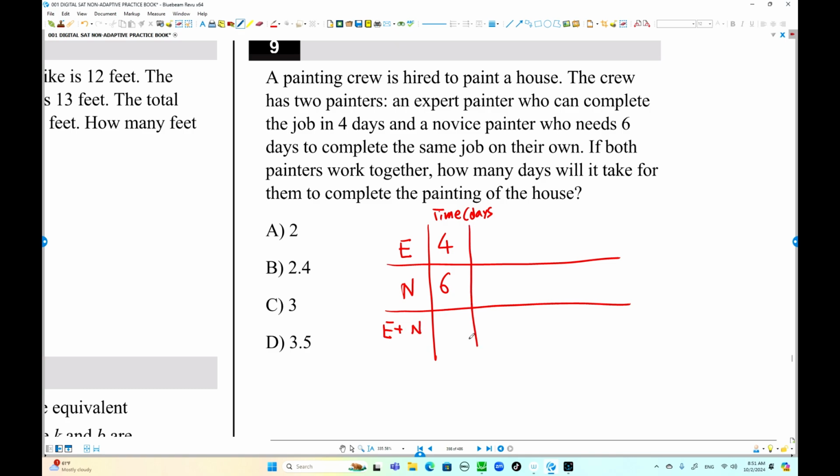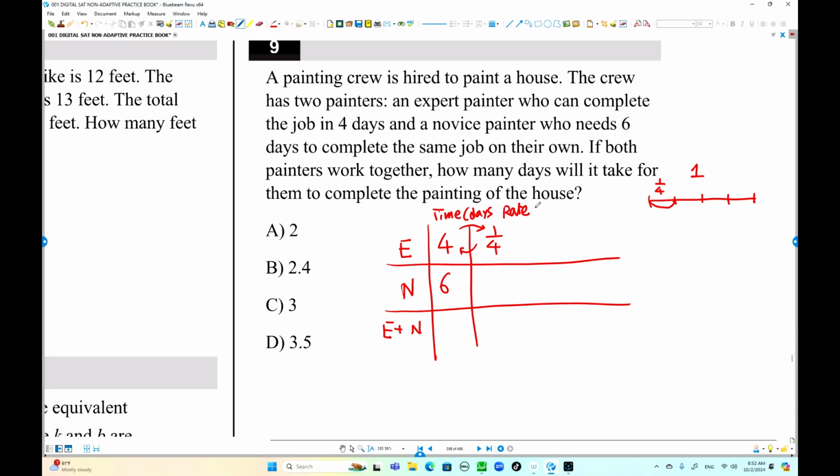The first step you have to do is find their rate. The expert takes 4 hours to finish the job. So every hour they can finish 1/4 of a job, right? It's a reciprocal. If the rate is 1/4, the time is 4 hours. Rate is a fraction of a job per hour.